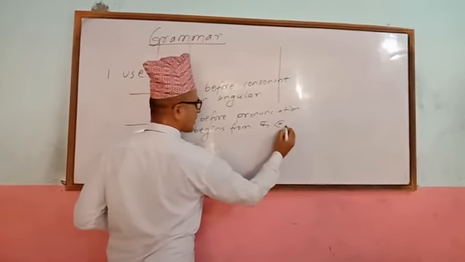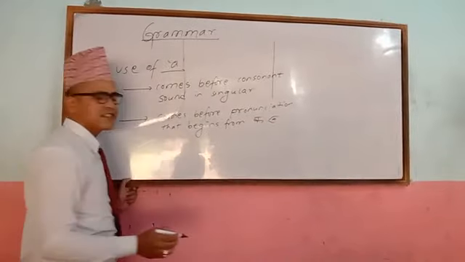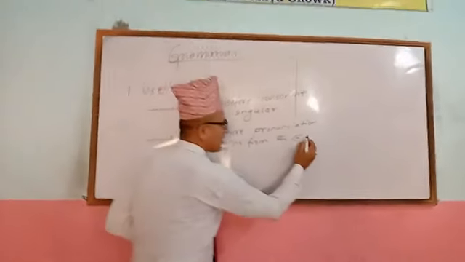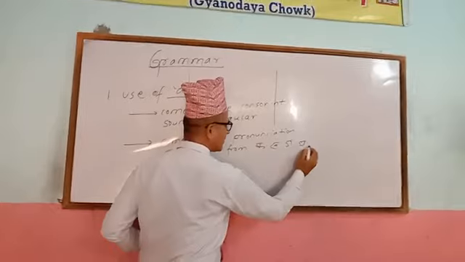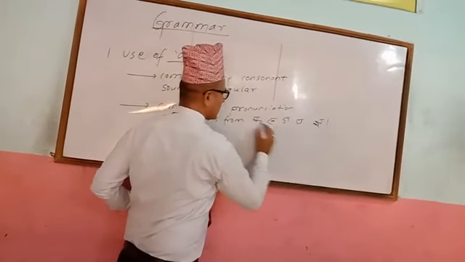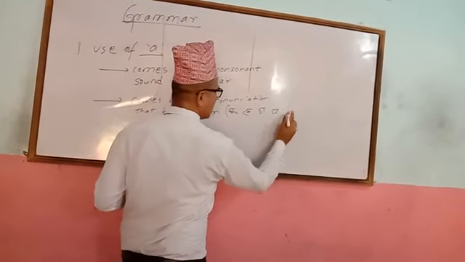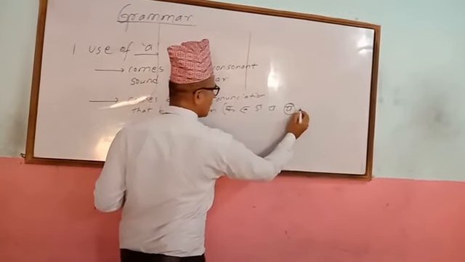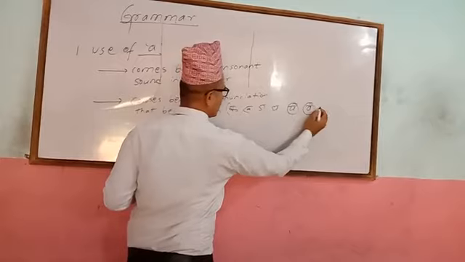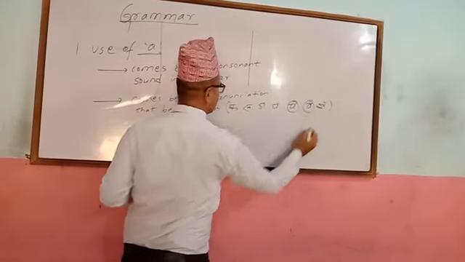This is what we call consonant sound, vyanjan varna. Ka, kha, ga, gha up to gya.